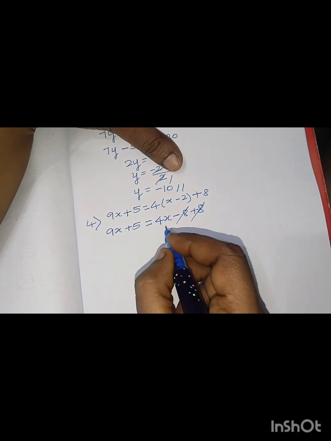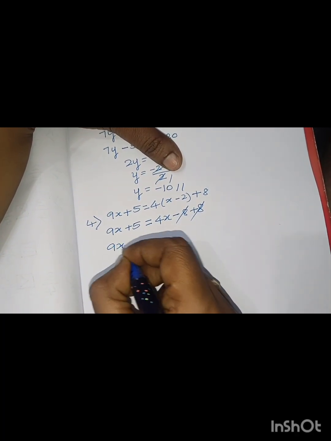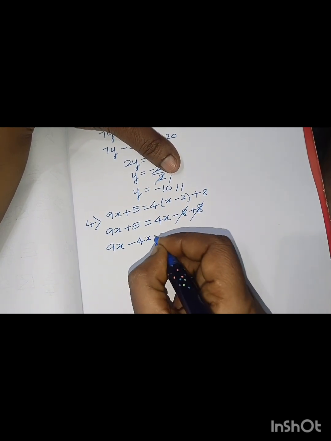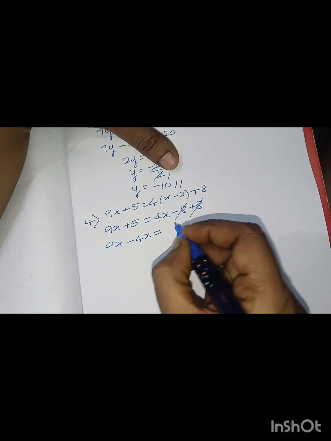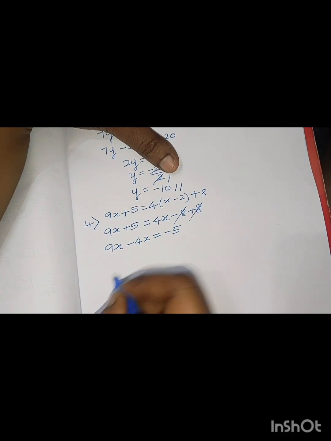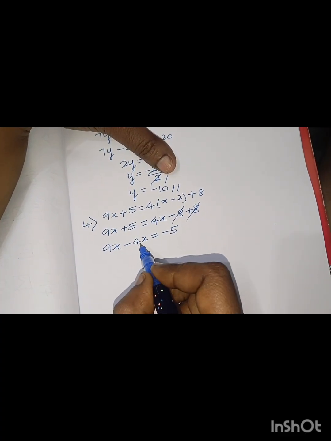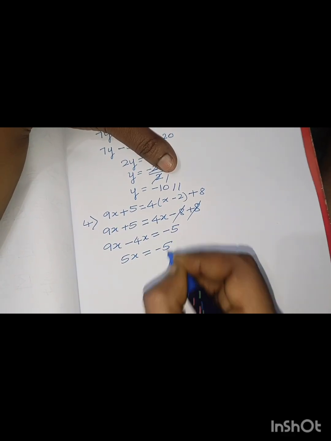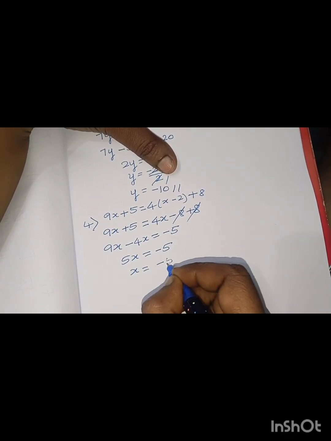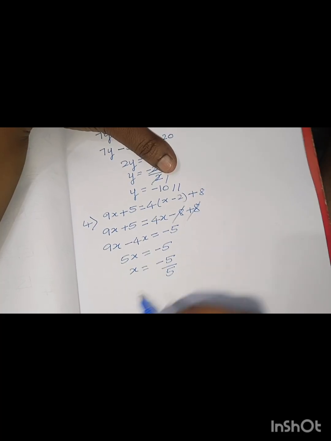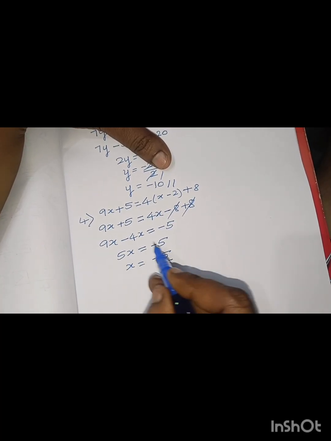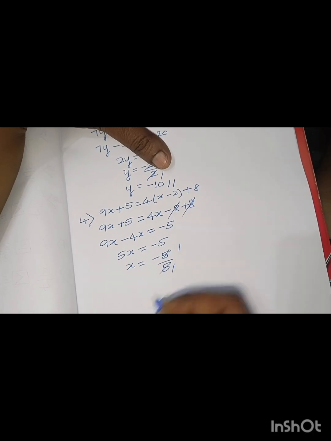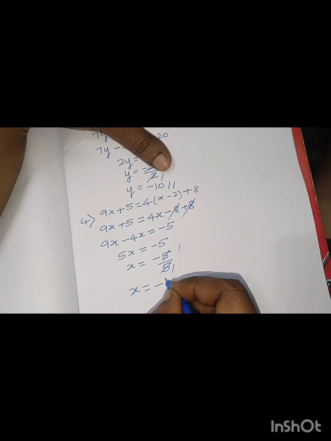Now combine the like terms. 9x, transpose this minus 4x equals, plus 5 will transpose and become minus 5. 9x minus 4x is 5x equals minus 5. Multiply by 5 will transpose and become divided by 5. 5 ones are 5, 5 ones are 5. x equals minus 1.